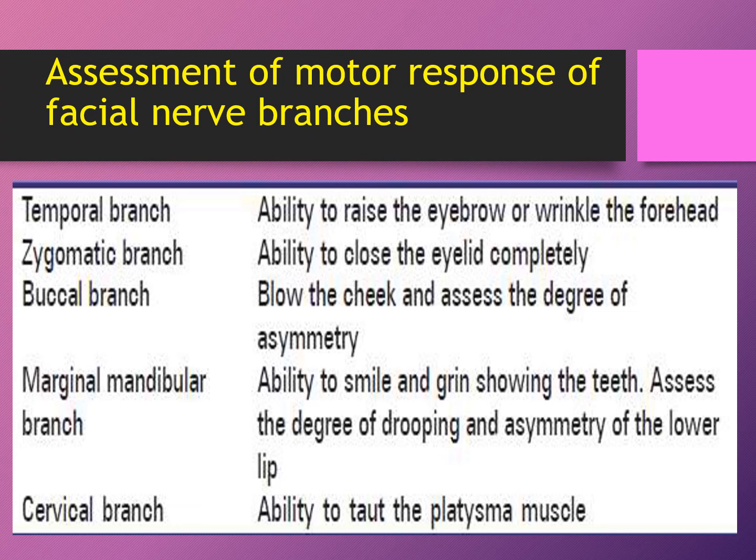So we test them by the following. We ask the patient to perform this activity. Each time we ask the patient to do this, we need to compare it to the other side.